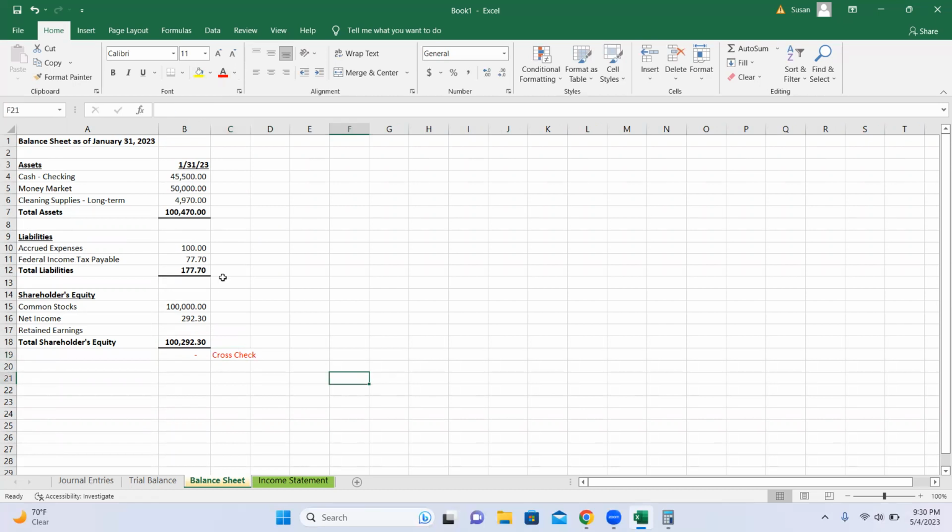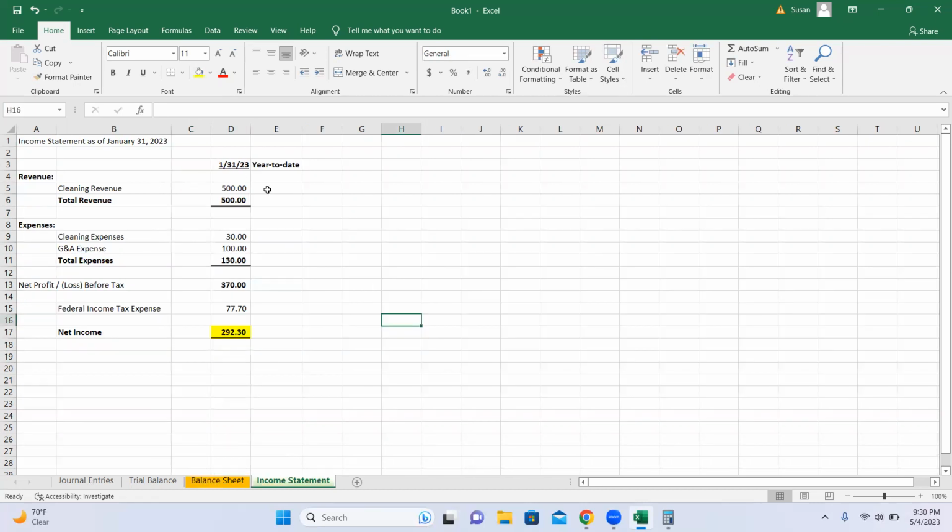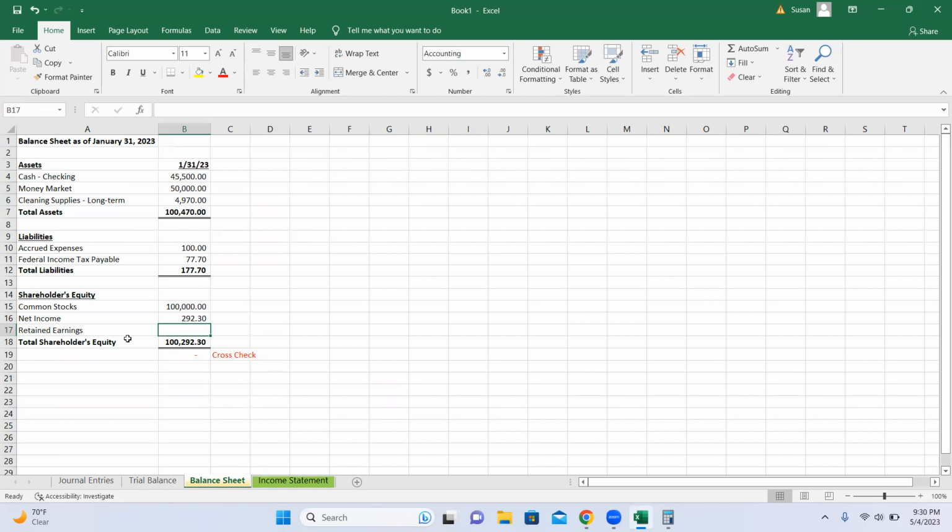And so then, once the year keeps happening towards the end of the year in December, your year-to-date income statement balance will update. And then when you close the books for the year, you're closing the year of 2023, all the net income balances will move to your retained earnings. You're closing out your revenues and your expenses.